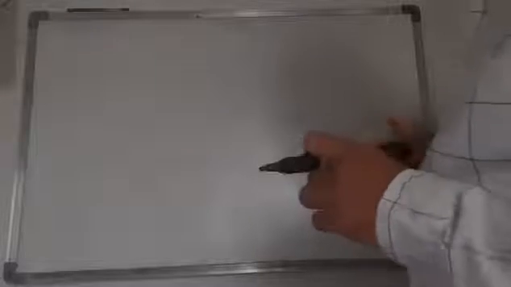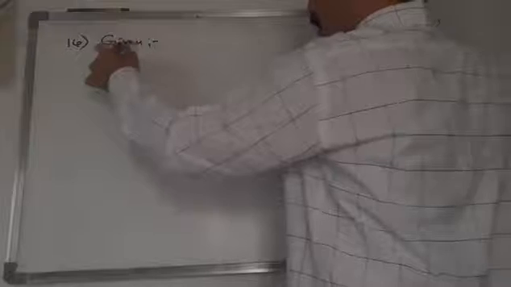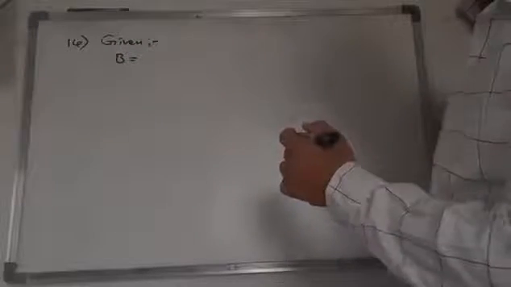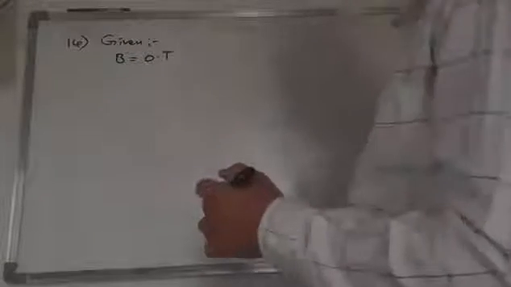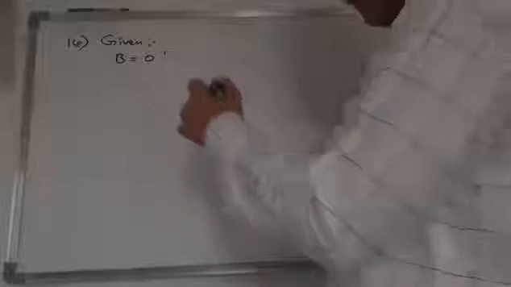So in this session we shall see the 14th question. What is given in this question is the given data: B is equal to 0.1 Tesla and radius R is equal to 0.5 meters.